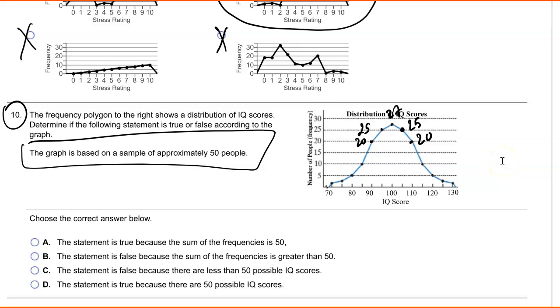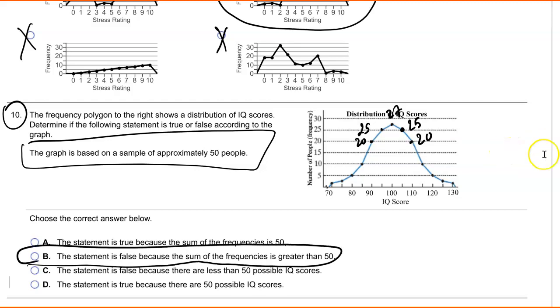Therefore, answer false, because the sum of the frequencies is greater than 50. You understand what I'm saying? Notice that the number of people is the frequency. We already have 50 with these two data values, and we still have more, therefore it adds up to more than 50. Therefore, the sample is not based on 50 people.